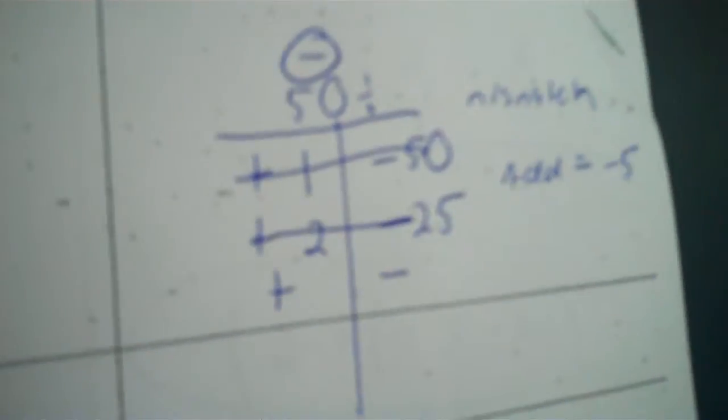That's wrong. 50 divided by 3 is a decimal. 50 divided by 4 is a decimal, so skip it. After 4, always go back to the 50. 3 decimal, 4 decimal. Now I go 5: 5, 10. Okay, 5 plus negative 10 is negative 5, so we found it.